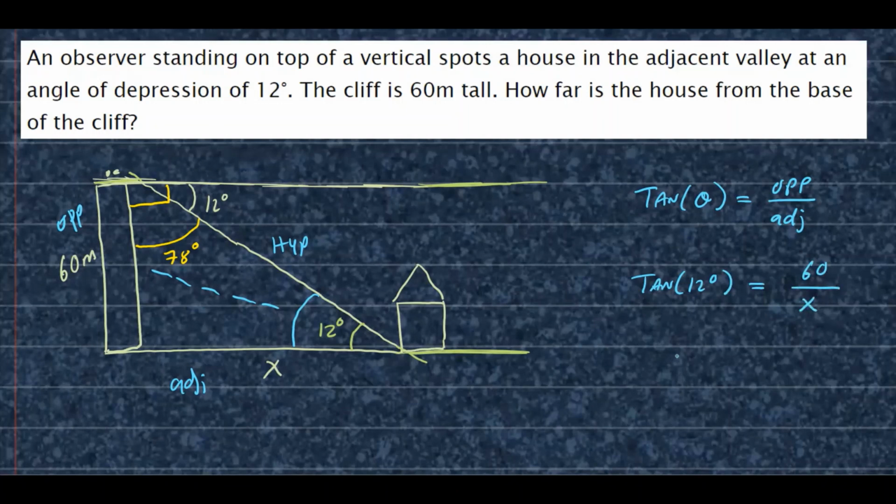And finally, by solving for x, we get x is equal to 60 over tangent of 12 degrees. Okay, and this is approximately 282. So that's how far the house is from the base of the cliff.